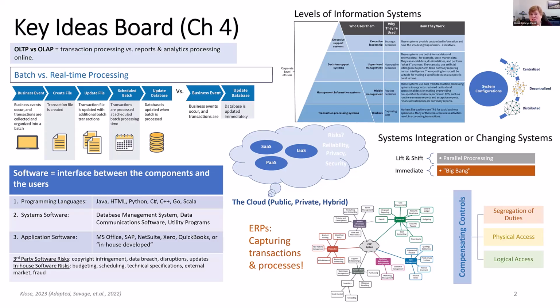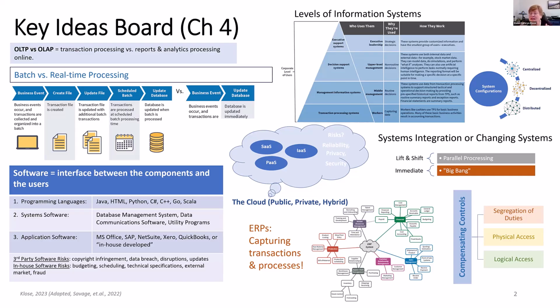So we have middle management. They're looking to pull data and turn it into information to make tactical decisions. So they're pulling reports, financial statements, summary reports. We're getting into the OLAP reports and analytical processing side of the online system.